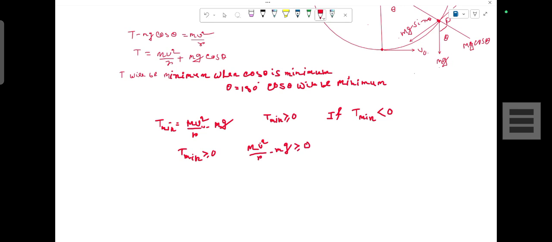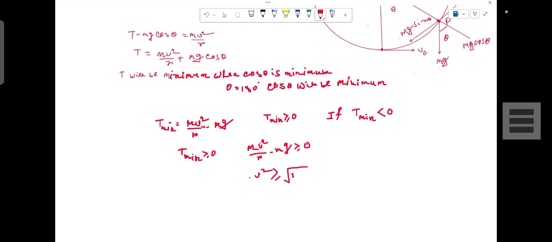So the velocity squared should be greater than or equal to rg, so the velocity should be greater than or equal to root over rg. What is the physical meaning of that line?